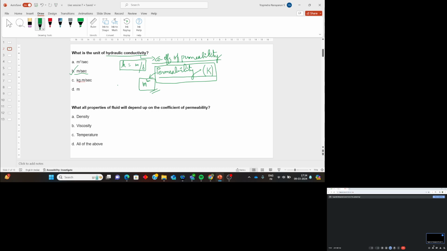What all properties of fluid will depend upon the coefficient of permeability? This can be rephrased as: what will affect the coefficient of permeability?